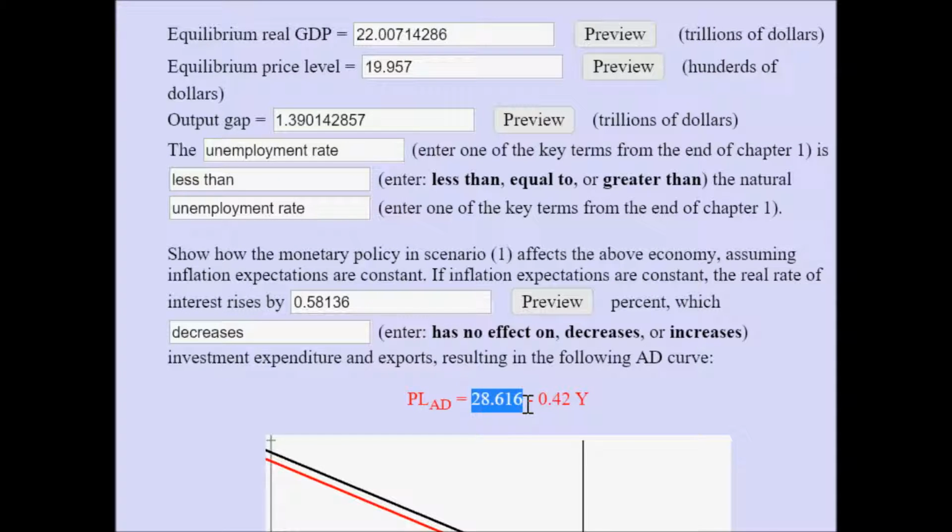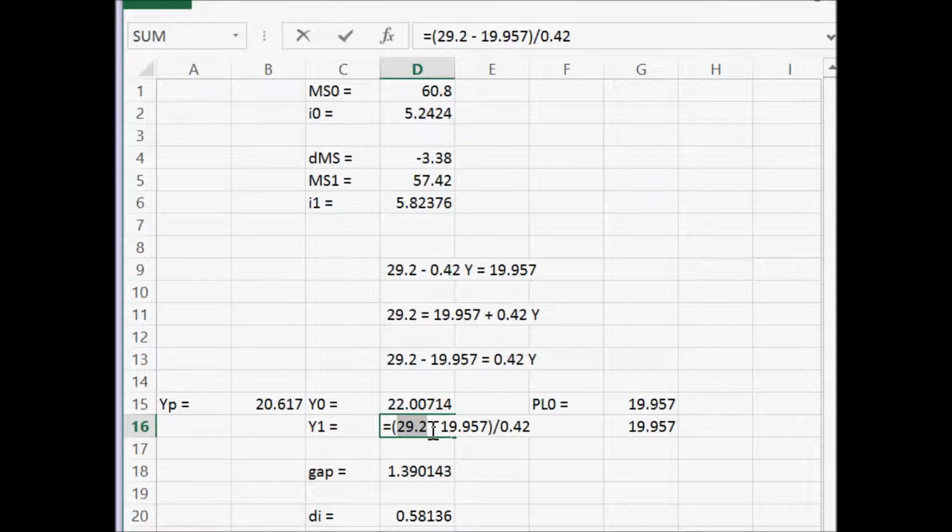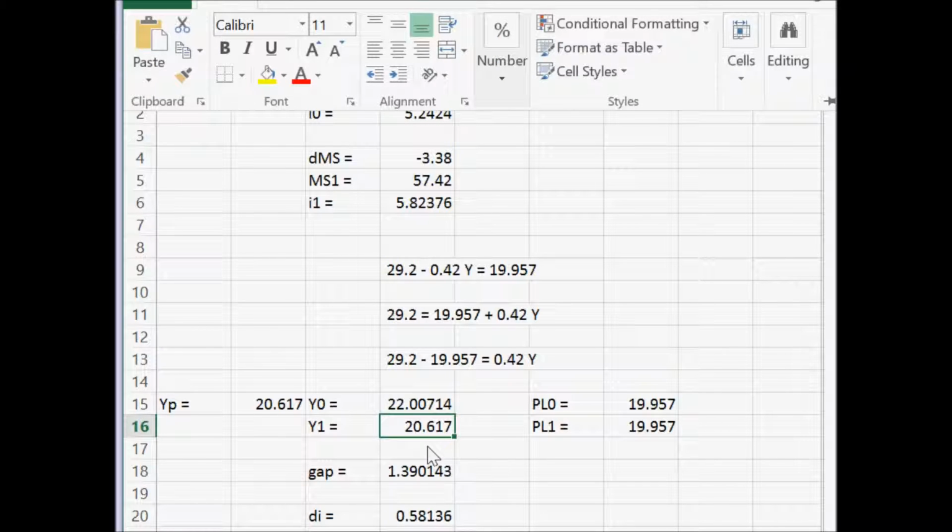The new intercept is 28.616. So I need to change that to 28.616. And I divide that by the intercept of short-run aggregate supply, subtract from it short-run aggregate supply's intercept, and then divide by the slope of aggregate demand. As expected, the value of final real GDP equals potential.